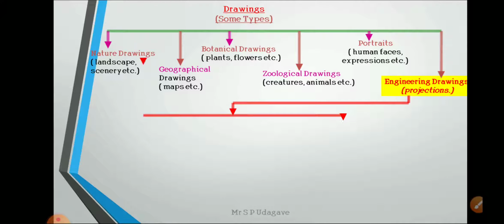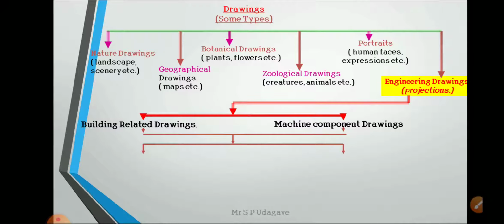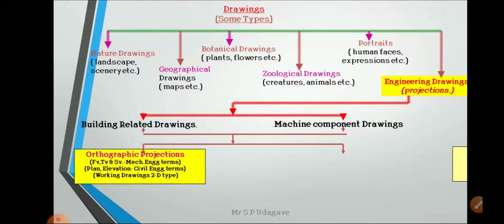It is classified into two types, building drawings and machine component drawings. In building and machine component drawing, orthographic projection, that is front view, top view, side view, are the terms in mechanical engineering, and plan and elevation are the terms in civil engineering.